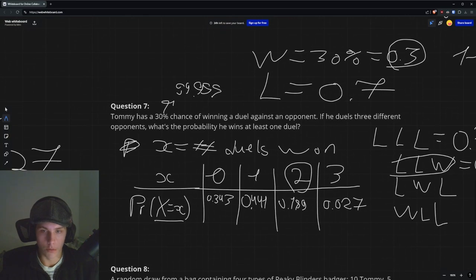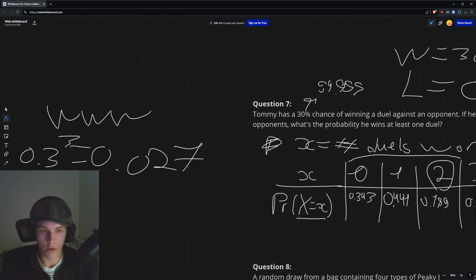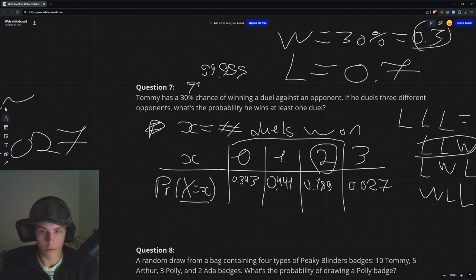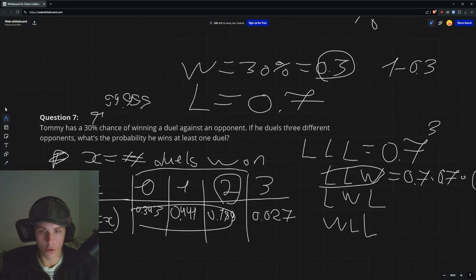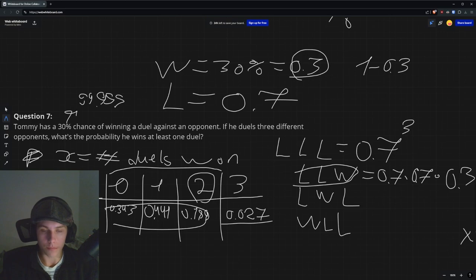Another way to do it is, once you've found the first three, just do 1 minus all three of those, because that's the last possible option. If he doesn't win 0, 1, or 2 times, he has to win 3 times, because you can't win 4 times in 3 duels. That's impossible.